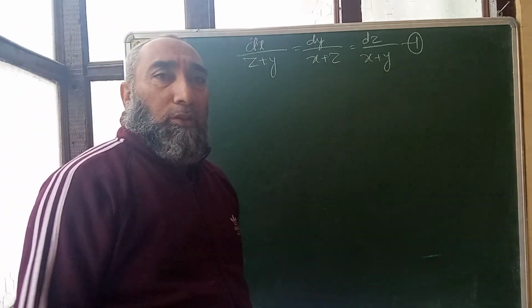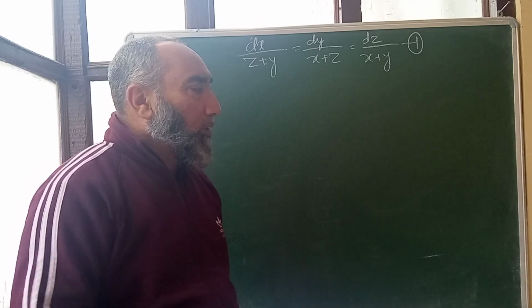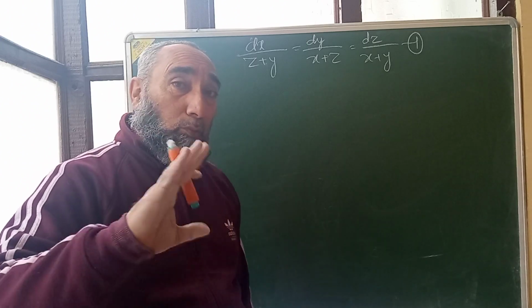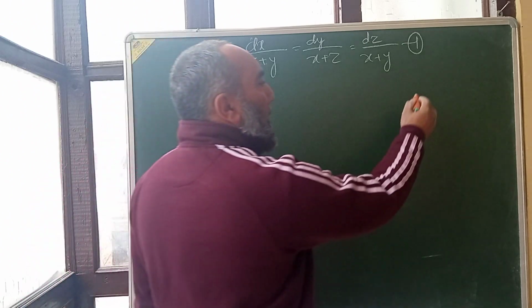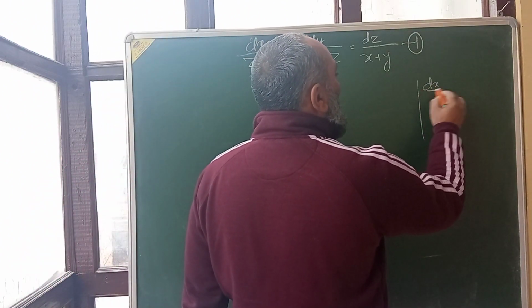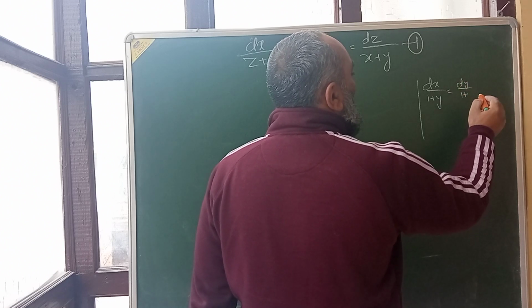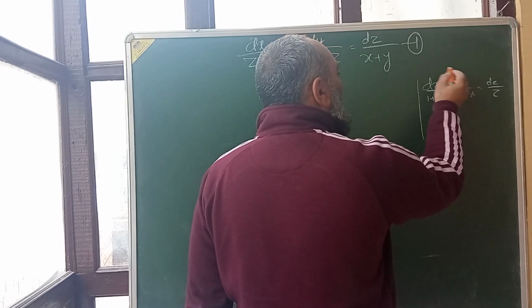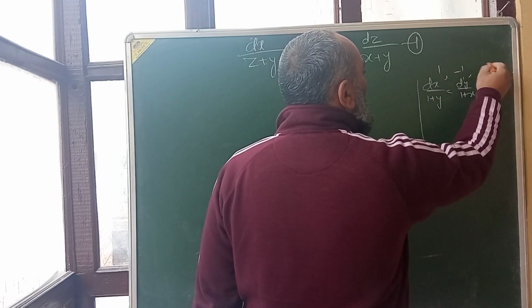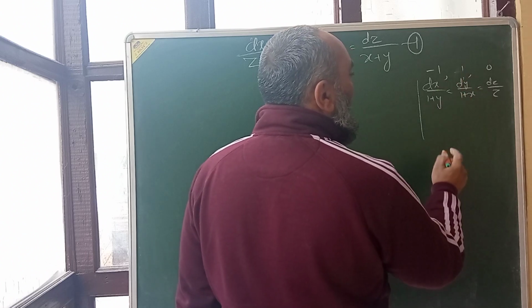In the last question, there was one more possibility. Let me show that. This was dx upon 1 plus y, and dy upon 1 plus x, and dz upon z. If I had taken 1, minus 1 and 0, or minus 1, 1 and 0, what would I have got?